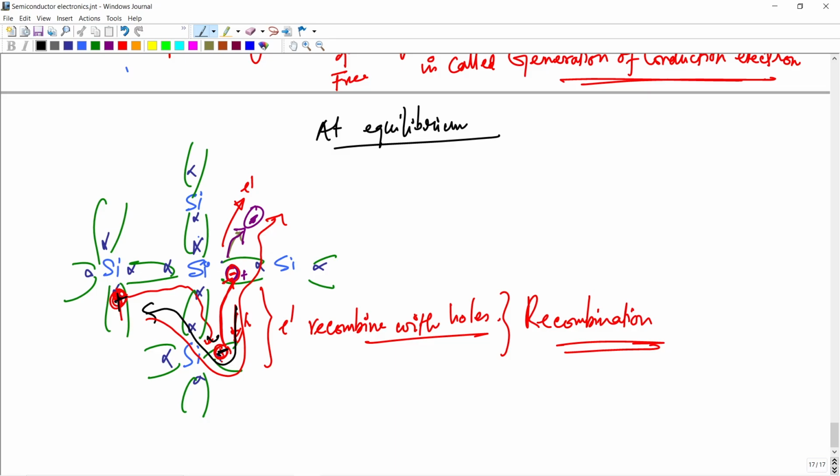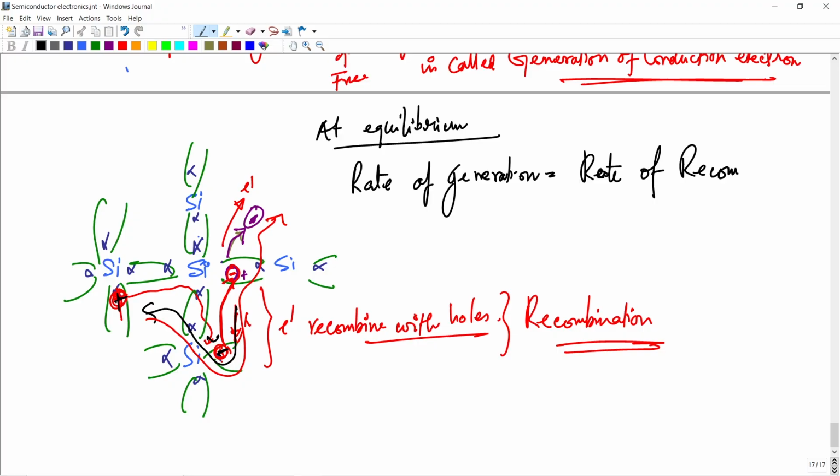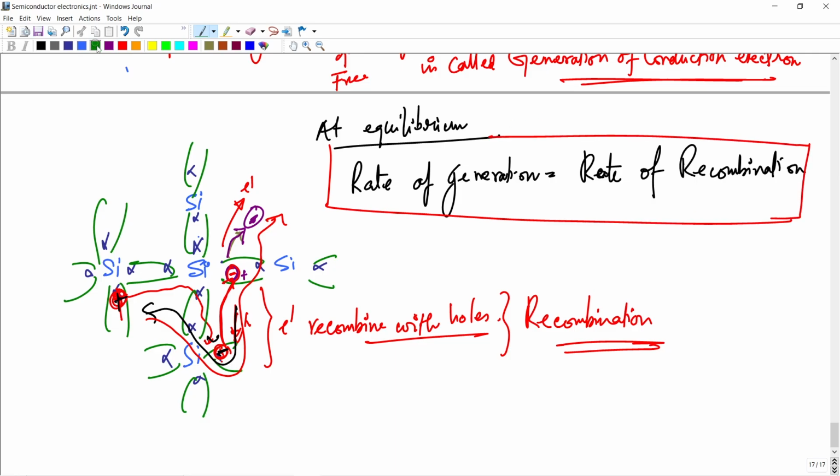But the rate of generation of electrons is equal to the rate of recombination. At equilibrium, that's the same. The rate of recombination is also equal to the rate of generation.